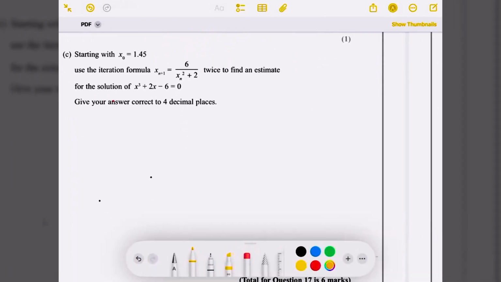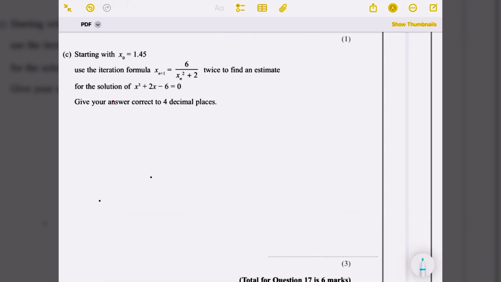Okay, starting with x0 equals 0. These are basically just substitution. So use the iteration formula twice to find an estimate for the solution. If x0 equals 0, we're going to put 0 there. So x(n+1) is 6 over x(n) squared plus 2. Now let's substitute.